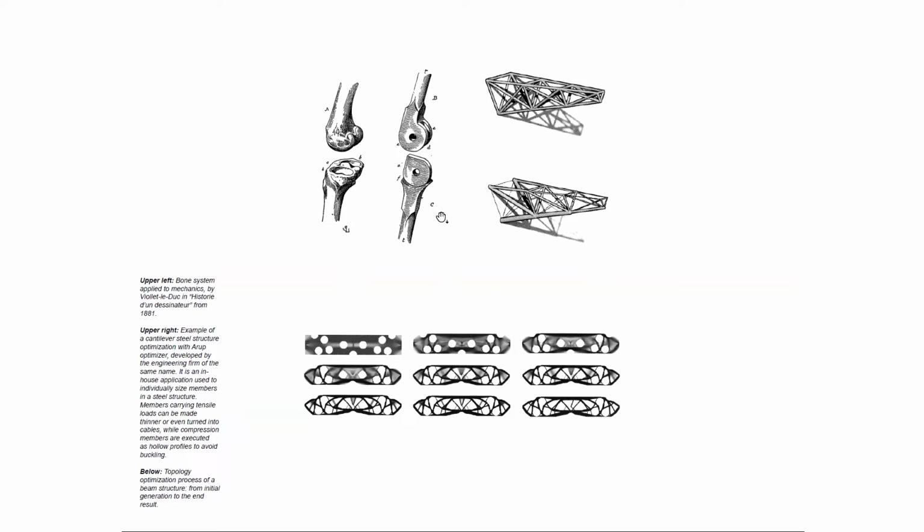So this is from Viollet-le-Duc from the 19th century, something a little bit similar, likening the bone system or bone joint to a mechanical joint. And asking questions, you know, what is the difference? Why did nature choose this shape, and why are we choosing these shapes here? So it has to do with the way we are producing things, we are crafting things.